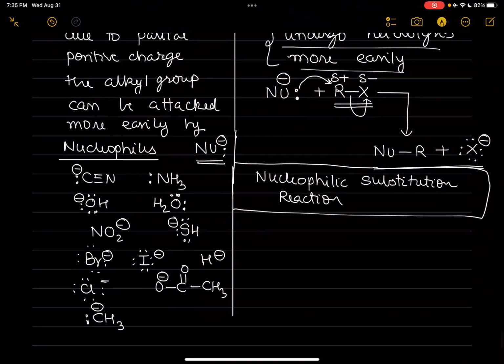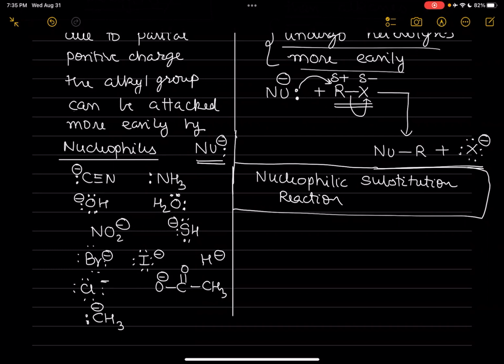So these reactions are known as nucleophilic substitution reactions. It is a very, very important class of reactions. We will study it in this chapter, but it is not only a part of this chapter; it will be studied in a lot of subsequent chapters also. Is it clear?